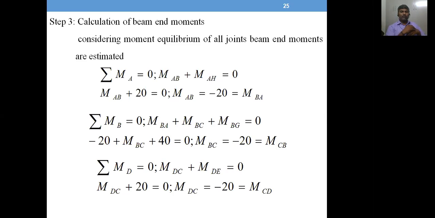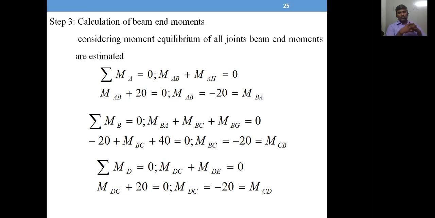In the earlier sessions we started calculating the column shear, so all column shears were calculated, and then we calculated the column end moments.